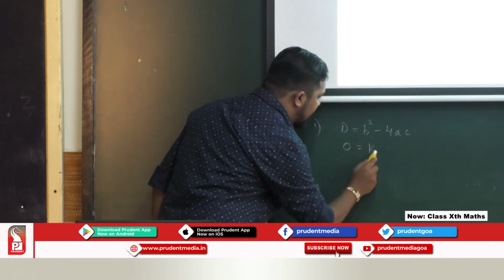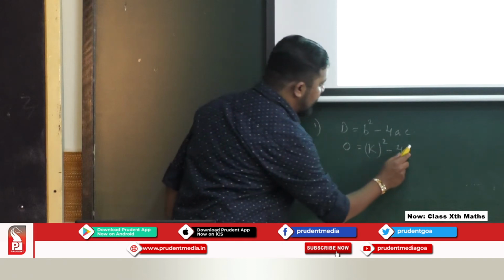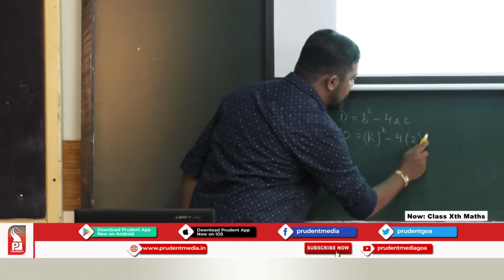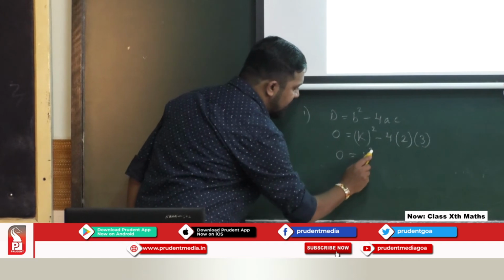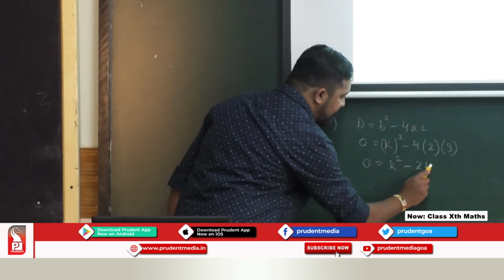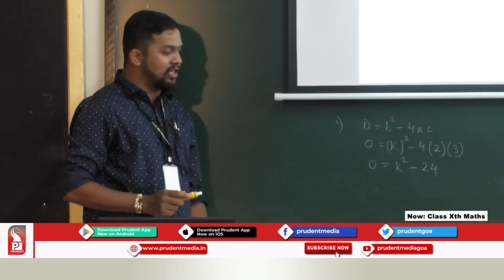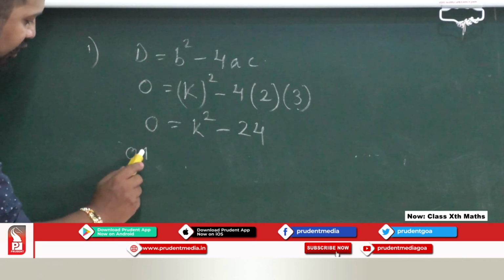So b is k, k square minus 4ac. k square, 4 2s are 8, 8 3s are 24. Okay, now let me transpose the 24 to the other side. So 0 plus 24 will be 24 only.